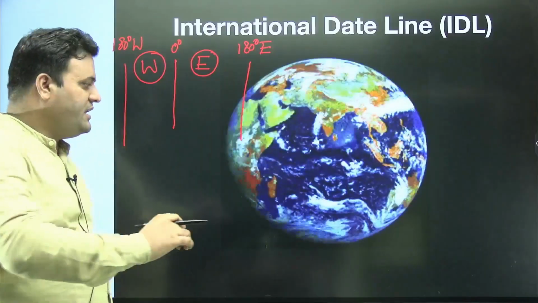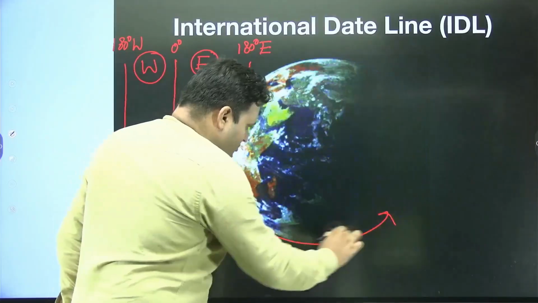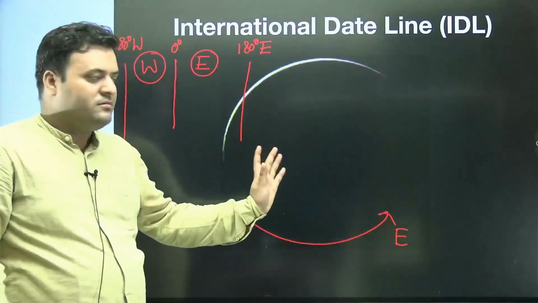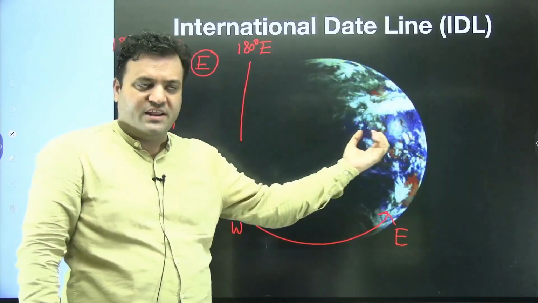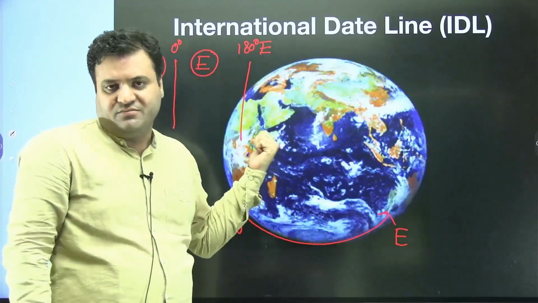Now, at the same time, the Earth is rotating from west to east. While rotating, the Eastern Hemisphere will remain ahead in time, whereas the Western Hemisphere will lag in terms of time.